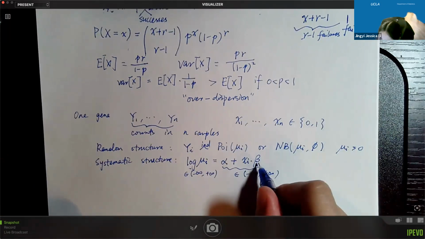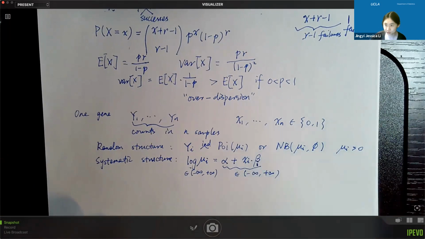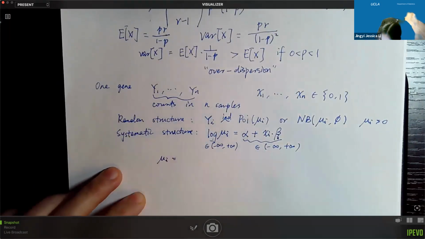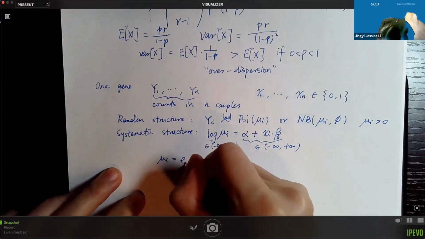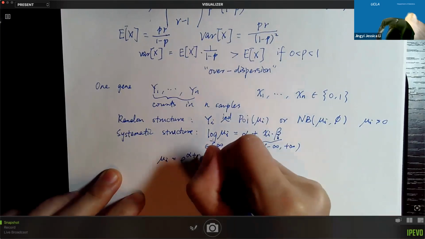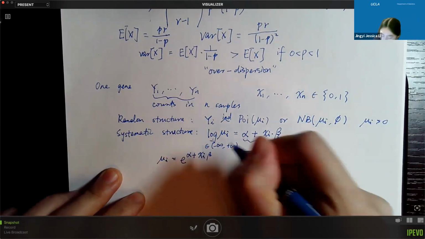If I change beta to beta plus 1, how much would mu i change? You see, mu i is equal to the exponential of alpha plus xi times beta.